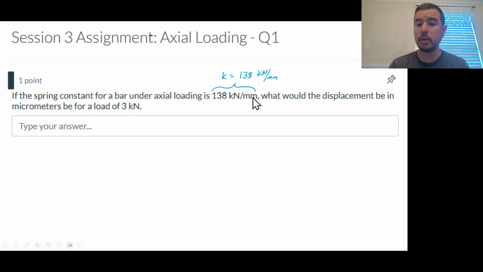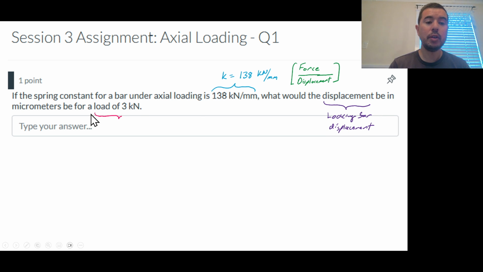I guess there's a typo there. So we have this idea that the K is force per displacement, like we see here, and we're being asked what is the displacement, and we're given over here a load which is 3 kilonewtons.